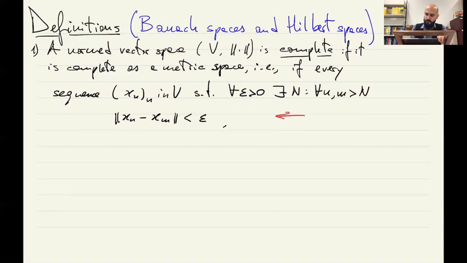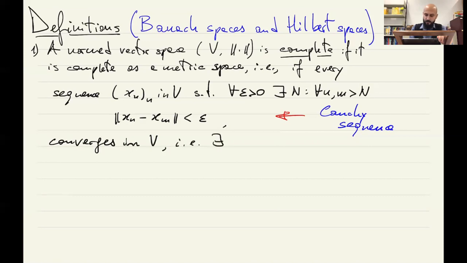These are called Cauchy sequences. So if every Cauchy sequence converges in V, this of course means that there exists a point x in V such that the norm between x and x_n goes to 0 as n goes to infinity.